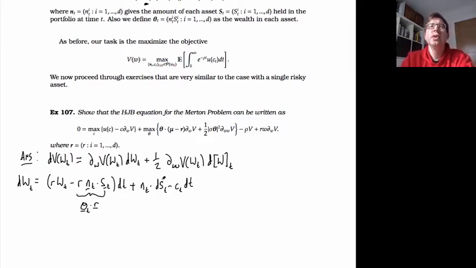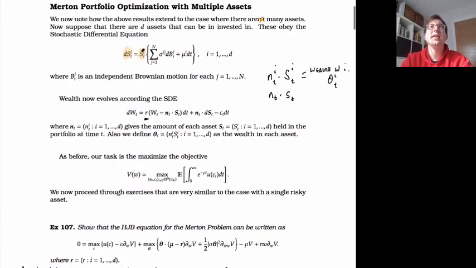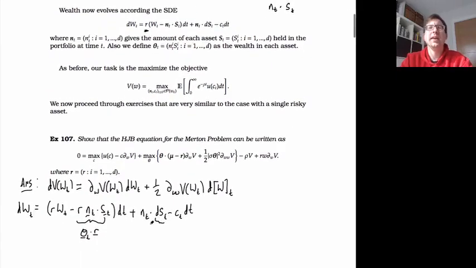We can also notice that in this dS term, each component of that vector has an S_i(t) at the front, and I'm multiplying it by n_i(t), the ith component of the number of stocks that I have in asset i.